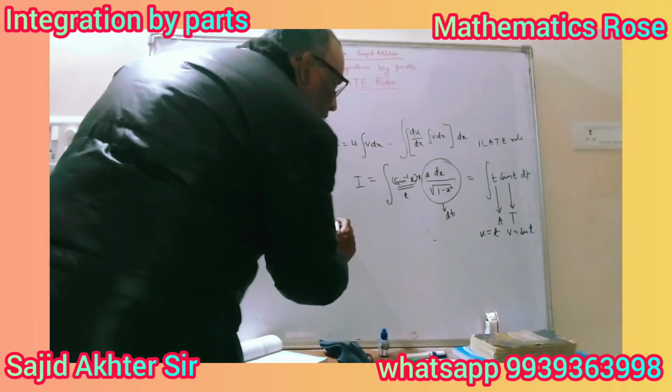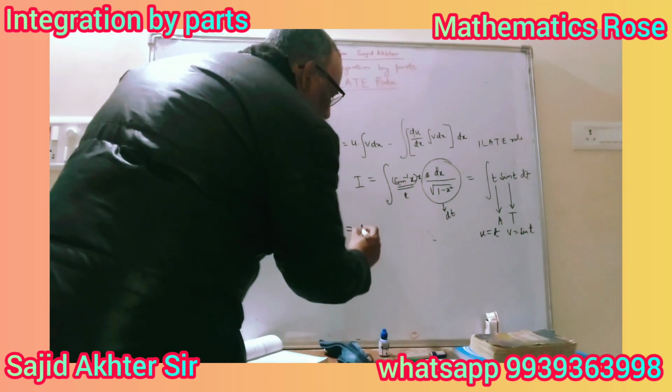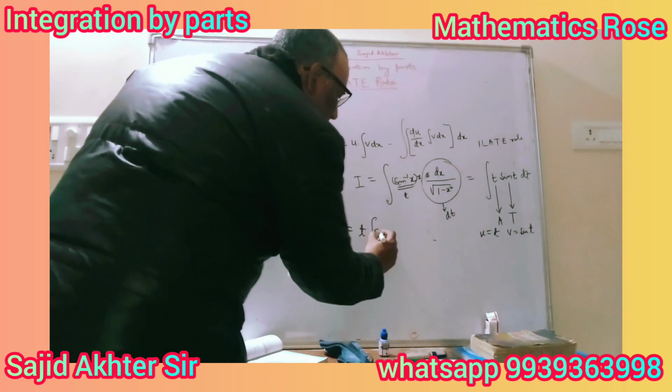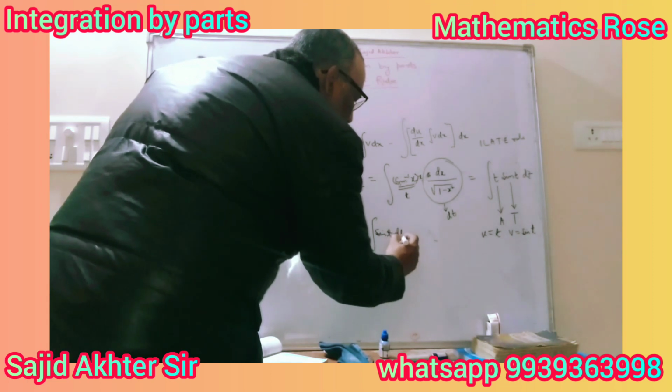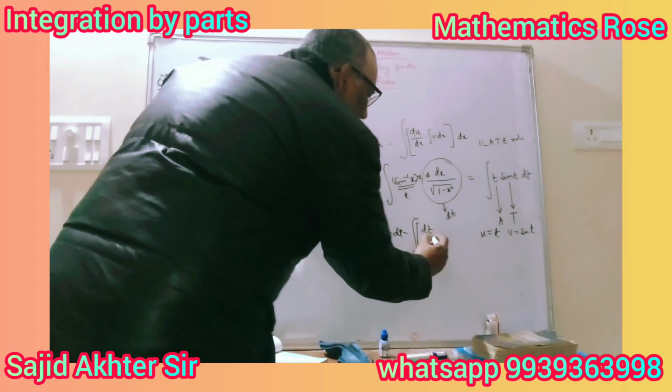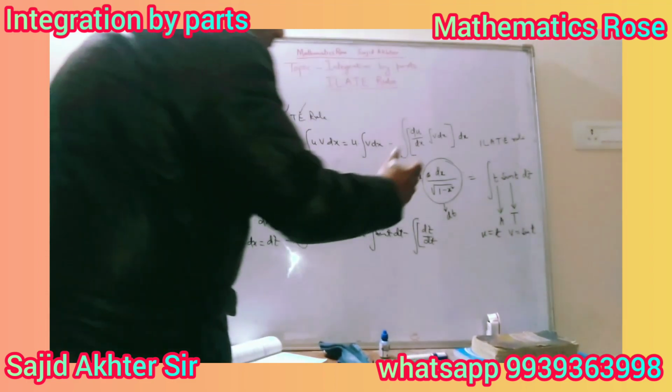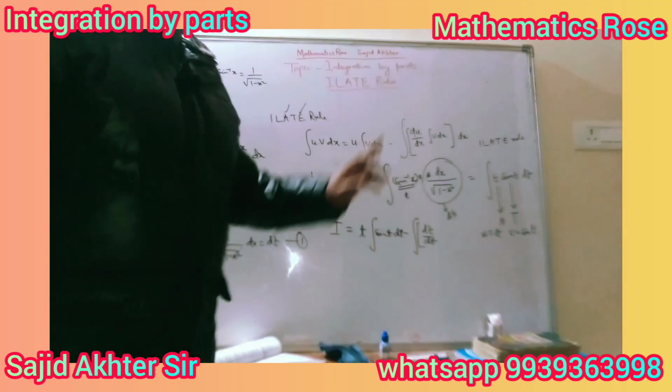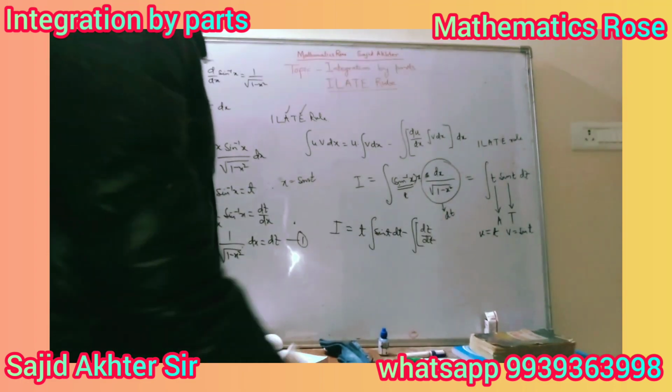So now I is equal to t outside, integration of sin t with respect to t, and then differentiation of t with respect to t, into dt. In the formula, in place of x we will write t.